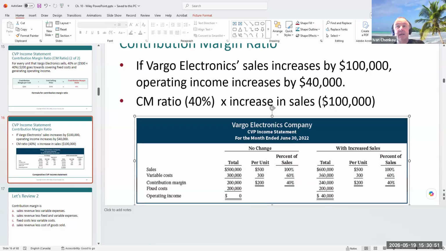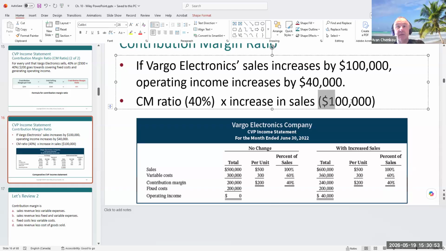Well, since we know that the contribution margin is 40% of the sales, of the $100,000 increase in sales, we're going to see only 40%. 40% is $40,000. So only $40,000 is going to come to us.